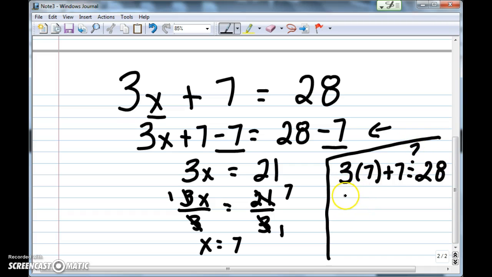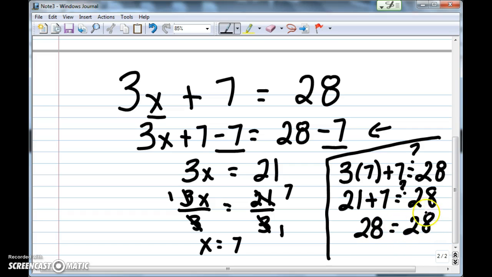So 3 times 7 is 21, plus 7. And in this case, we're not making any changes to either side. We're just putting in the values and solving each side. Is that equal to 28? And 21 + 7 is 28, equals 28. Therefore, we know that this is true, and we've proven it.